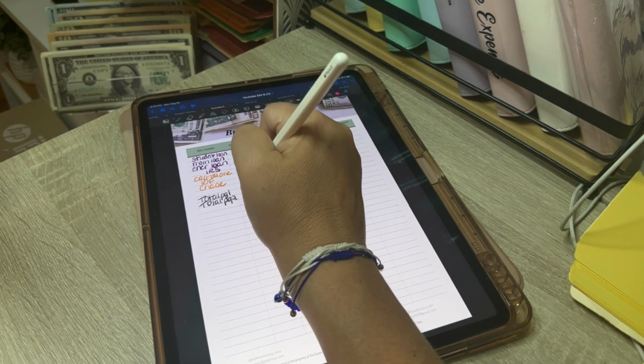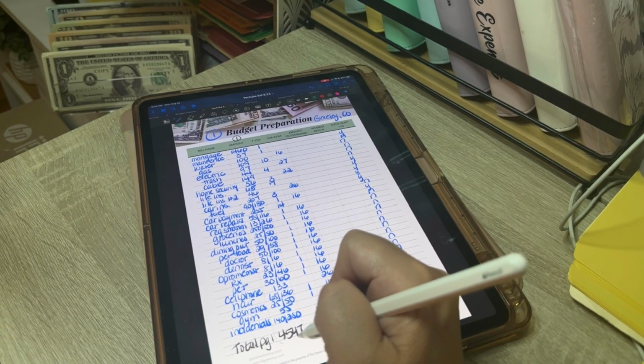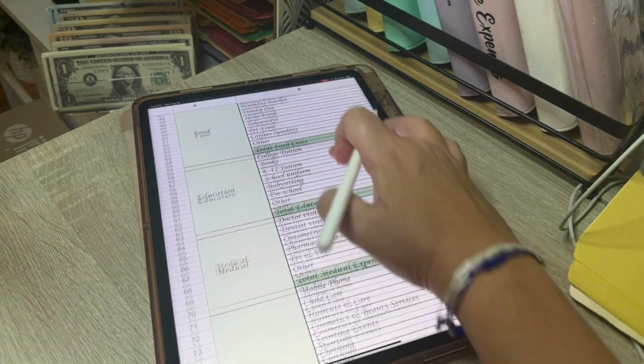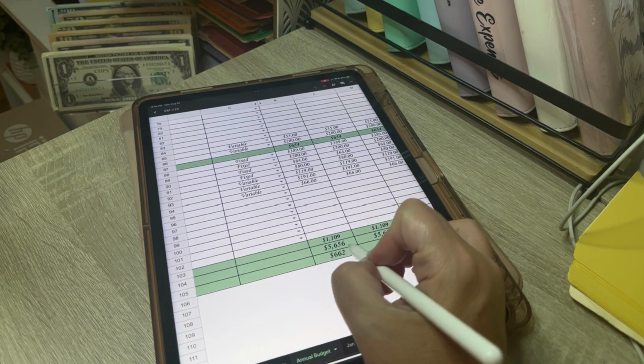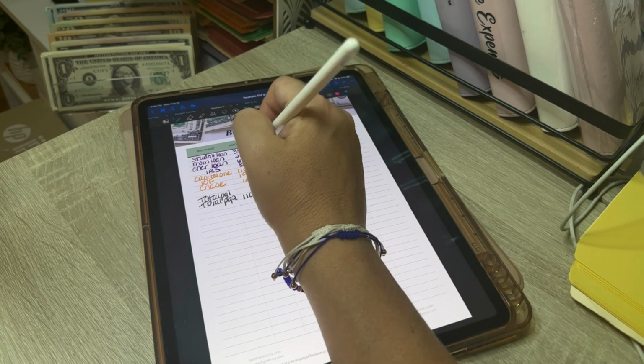Then I'm going to make sure that that 1109 and that 4547 together match the amount that's on my spreadsheet, which is 5656, and both of those numbers together do.